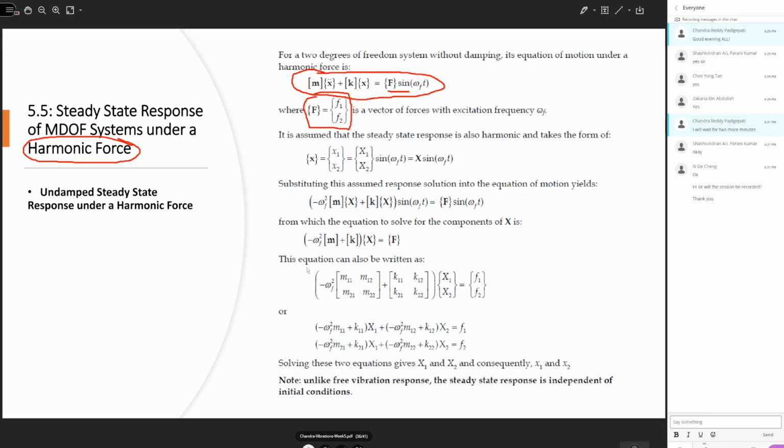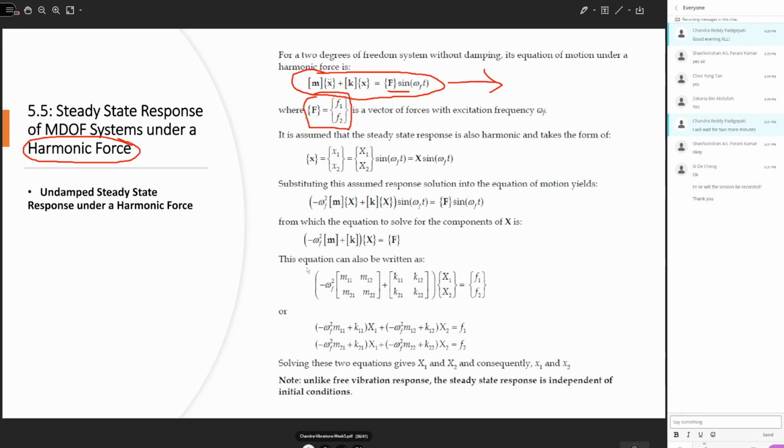So this is the equation for a 2-degree freedom or multi-degree freedom system subjected to an external force. The force matrix is a 2-element column matrix.